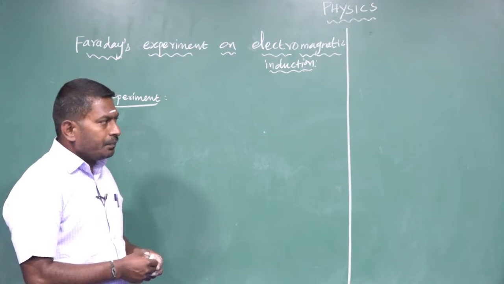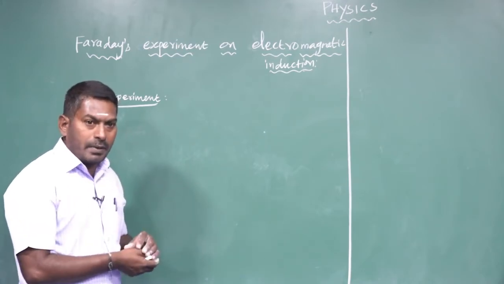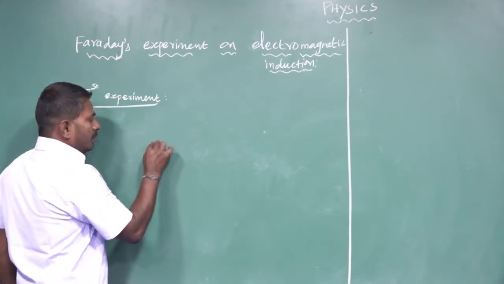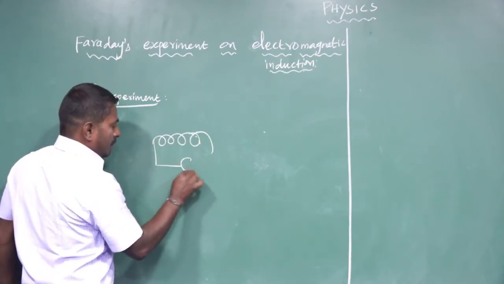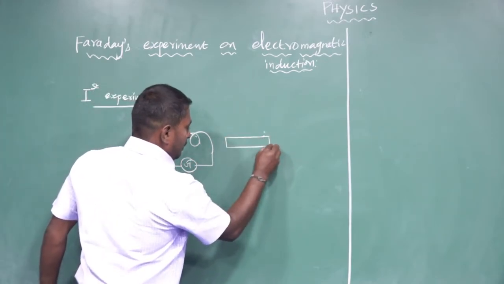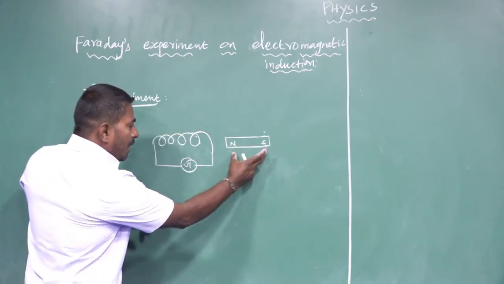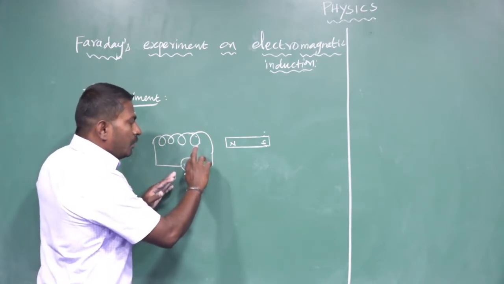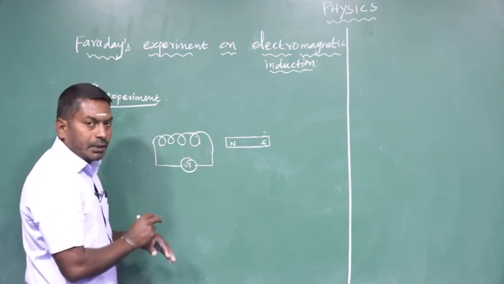So dear students, in this Faraday's first experiment to demonstrate electromagnetic induction, we concluded: when the bar magnet and the closed circuit are kept stationary, there is no relative motion between the bar magnet and the closed circuit.